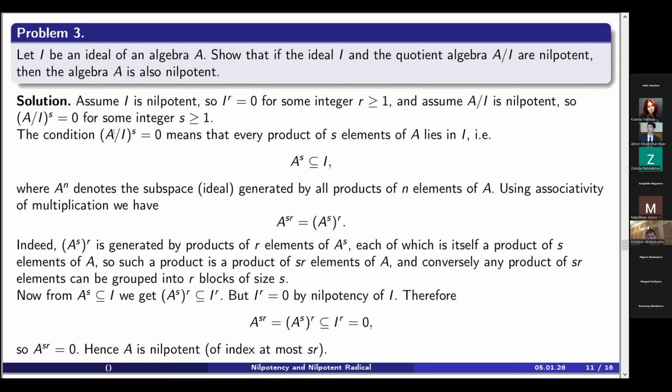The condition (A/I)^s equals 0 means every product of s elements of A lies in I, because the zero element of the quotient algebra is I.